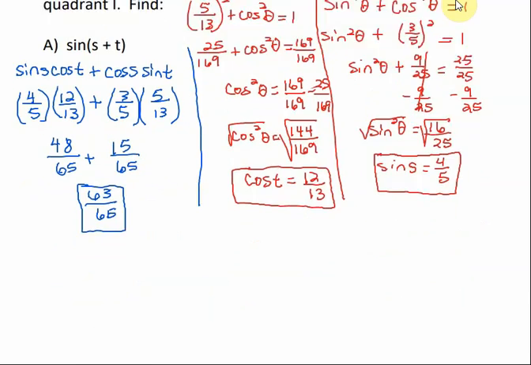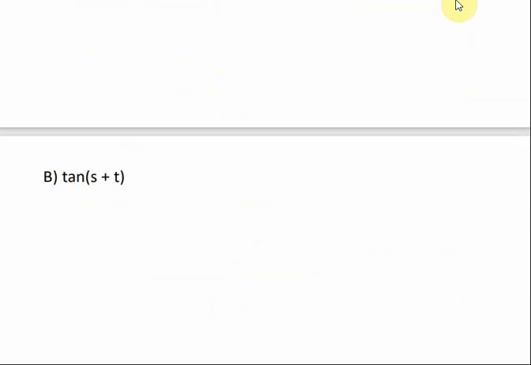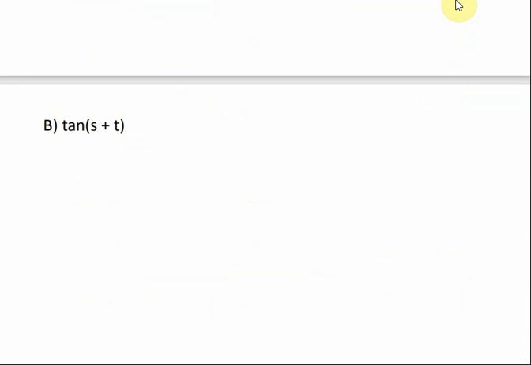All right, they also want us to find the tangent of s plus t. Okay, so we already have the different values. Let me just rewrite them down here. So we have cosine of s, which is 3 over 5. Cosine of t is, let me go back up and see what that is.